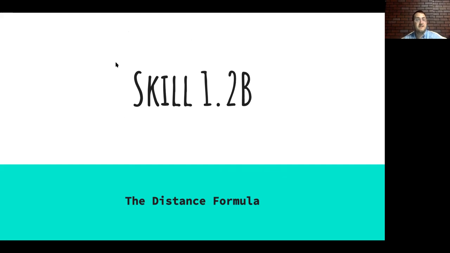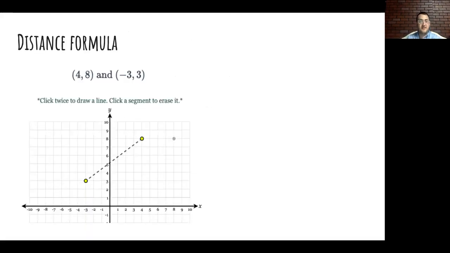All right. So what you need to know about the distance formula and where it comes from. The problem that we ended on last time, we drew a right triangle. One way that you could solve this is by turning this into a right triangle Pythagorean theorem problem.